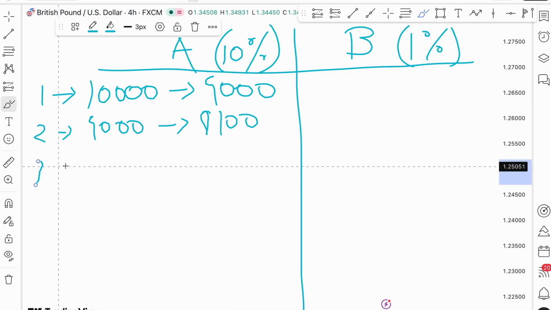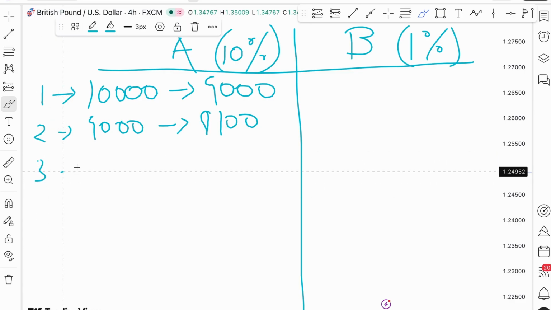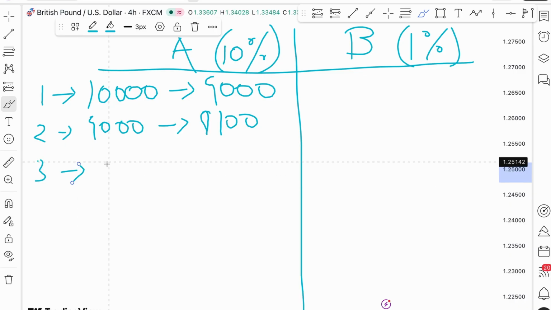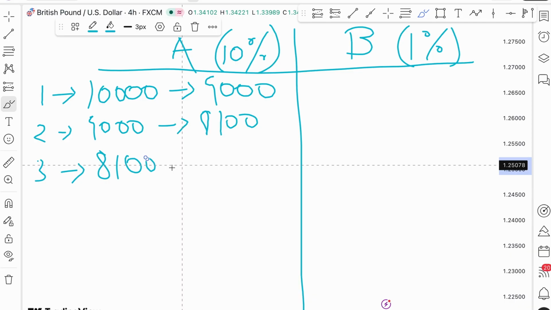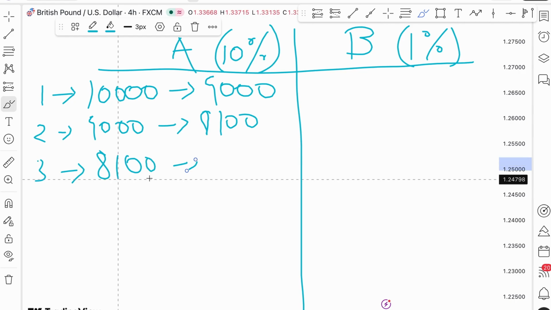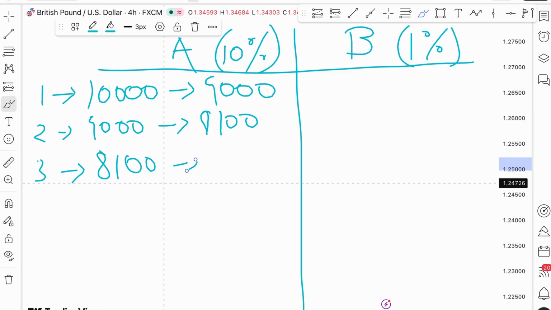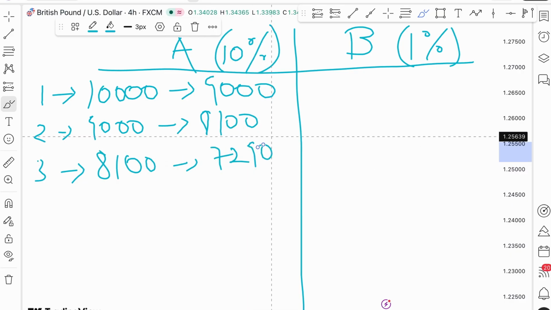Let's take the third trade. Currently, the balance is 8,100. The moment we risk 10% on it, we are going to lose 810, because 10% of 8,100 will give us a drawdown of 810, taking our account balance to 7,290.